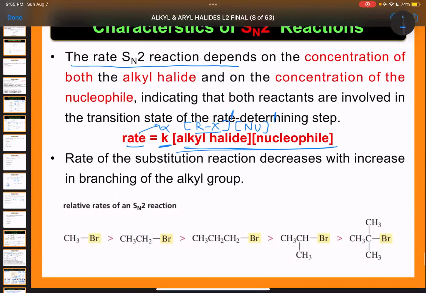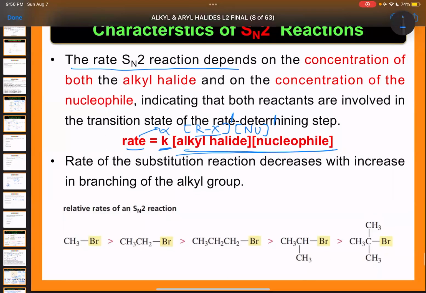So suppose you double the concentration of nucleophile, then what will happen to the speed of the reaction? Rate means speed. What will happen to the rate of the SN2 reaction? Will it get doubled? Will it get halved? Or will it remain unaffected? It will get doubled.